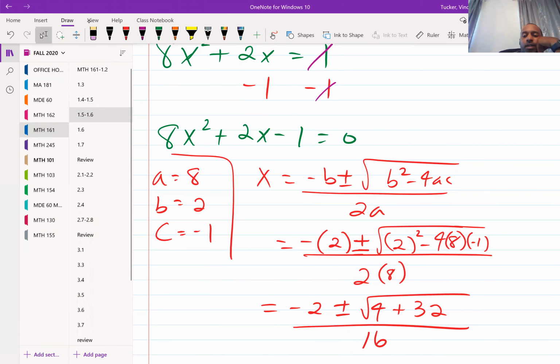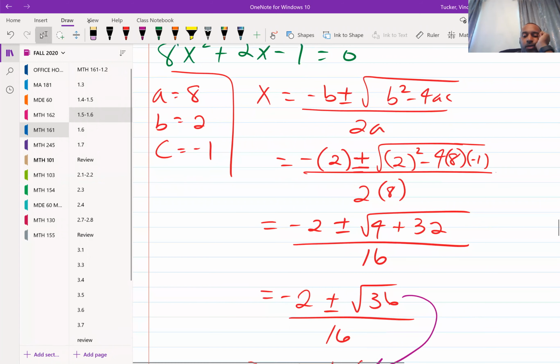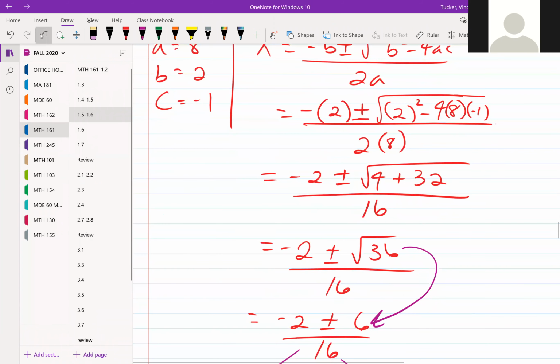So simplifying, 2 squared is 4. Negative 4 times 8 is negative 32. Negative 32 times negative 1 is positive 32. 4 plus 32 is 36 under the radical. Square root of 36 is 6.